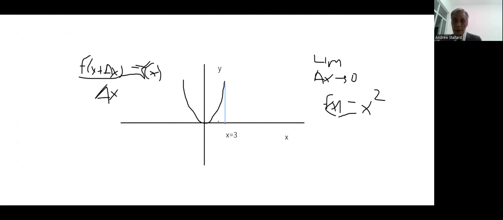And then we can draw the slope of our tangent line here. This is kind of crude. Let's make it a different color. Green this time. So let's draw our tangent line right about here.